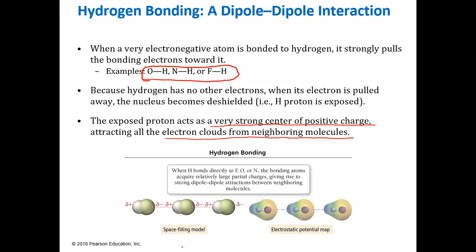So you go down here and look. Here's your hydrogen. Here's your very electronegative atom. See how they're attracting one another, and they line up so that it's always positive, negative, positive, negative. So it's very much like dipole-dipole. It's just a special type of dipole-dipole.